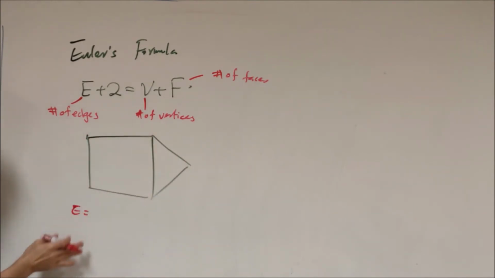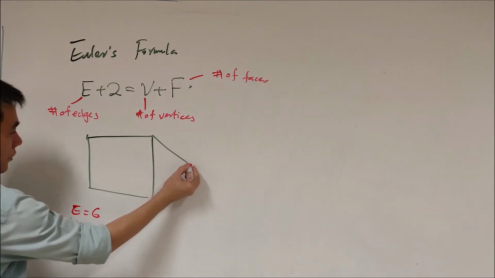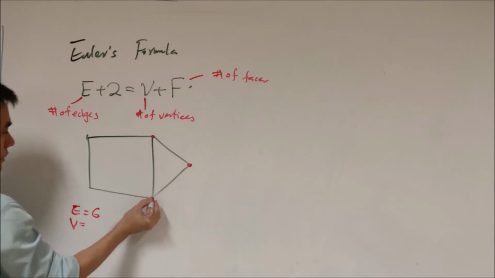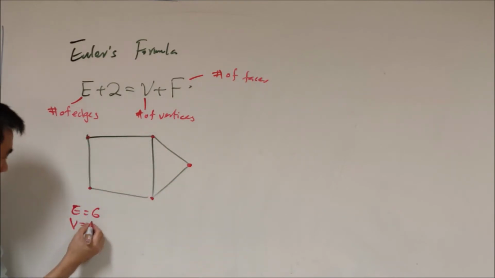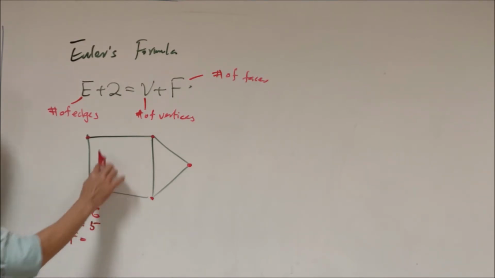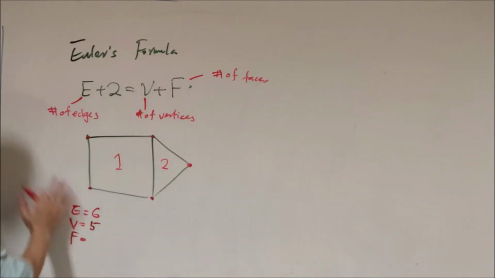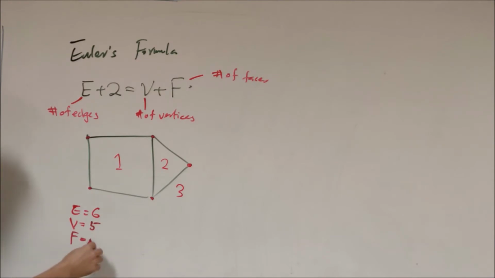You have 6 edges, so E equals 6. V is the intersecting points, that's 1, 2, 3, 4, 5. V equals 5. F is the number of faces, also called the number of regions. So there is 1 region here, 2, and there's the outer region, 3. So F equals 3.